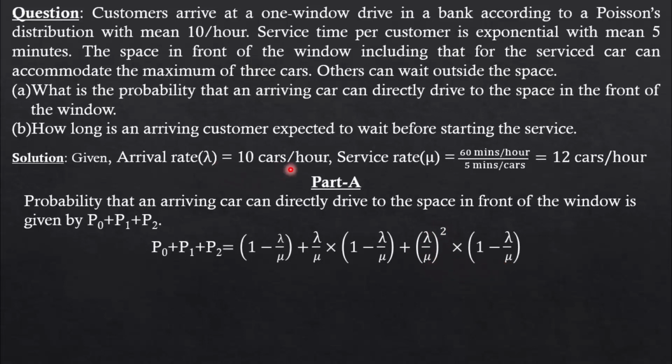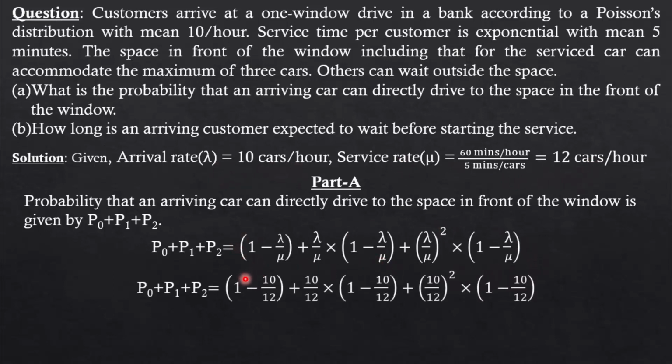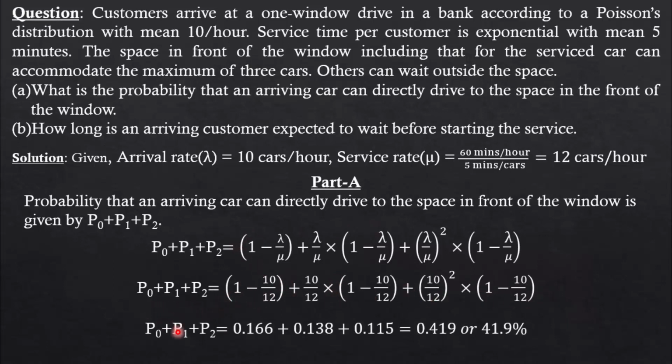Now we have lambda as 10 cars per hour and mu as 12 cars per hour, so we will put these values in this equation. We have put these values. Now let us see the result.